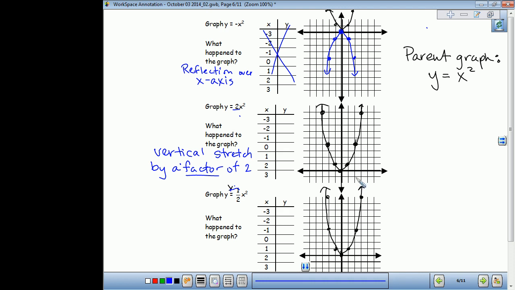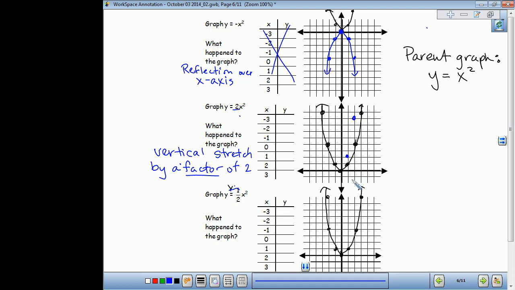Now, it's a vertical stretch, so it only affects this function vertically. Well, our x's are horizontal, aren't they? So this vertical stretch isn't going to affect the x, but it's going to take the y and double it. So this point 1, 1 moves to 1, 2. This point right here, 2, 4, will move to 2, 8. Double it.